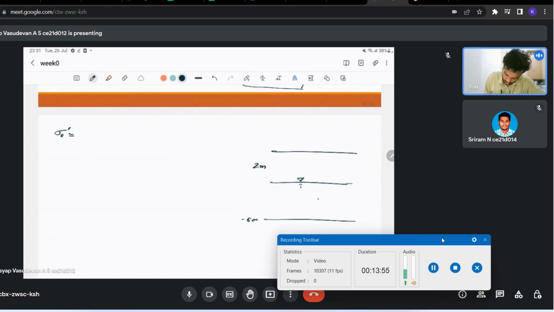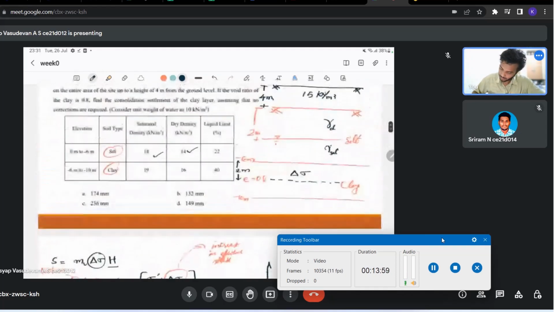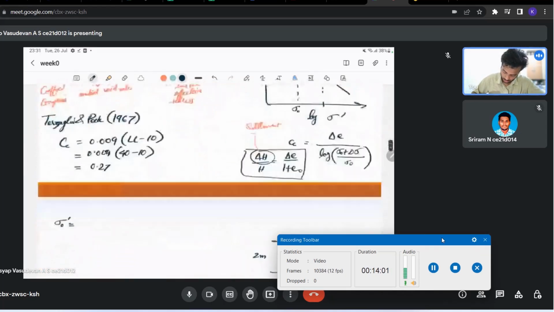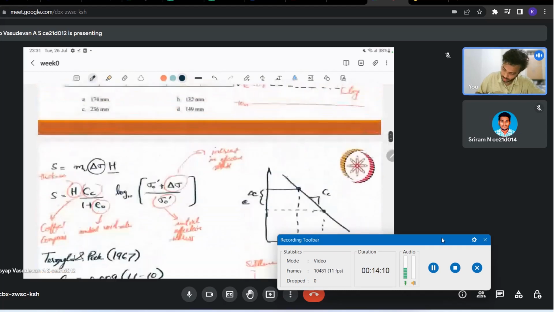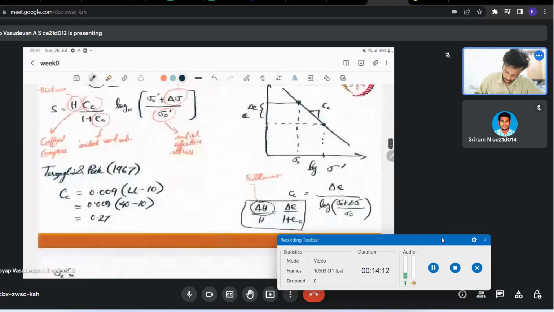Silt saturated was 18 kilonewton per meter cube, and dry of the silt was 14.